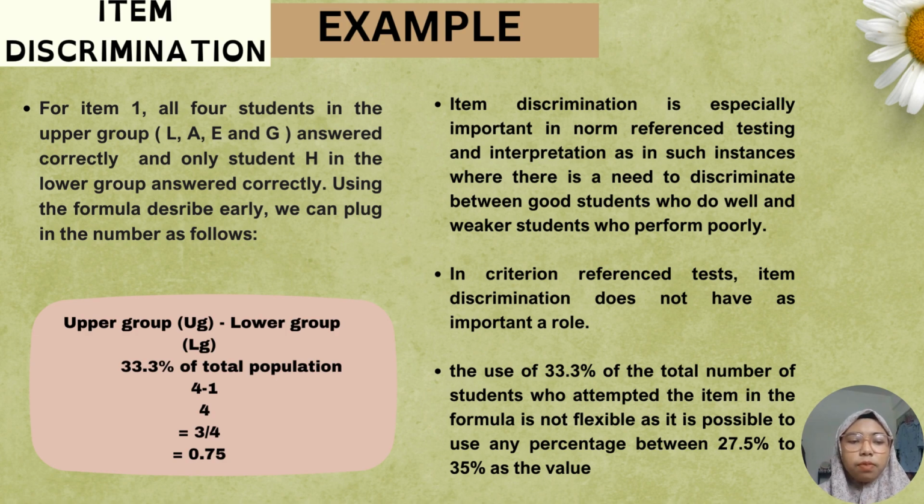Secondly, the use of 33.3% of the total number of students who attempt the item in the formula is not rigid, as it is possible to use any percentage between 27.5% and 35% as the value.